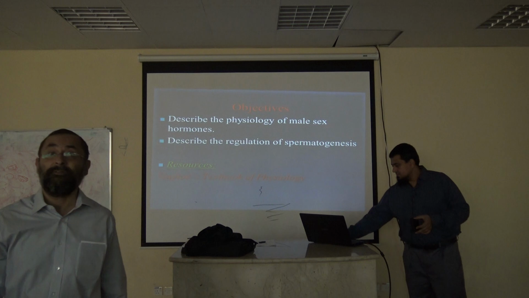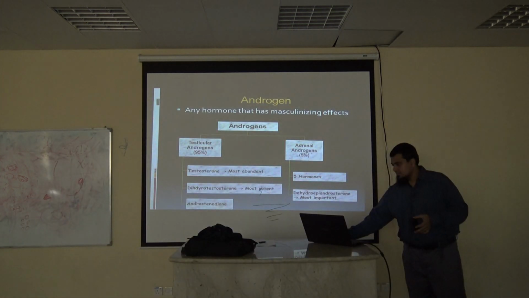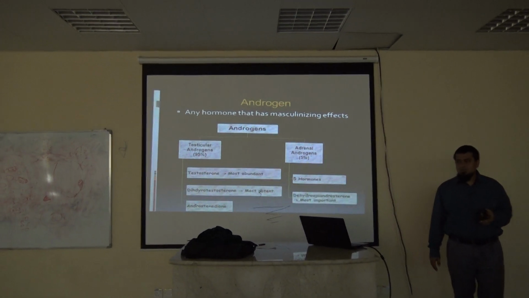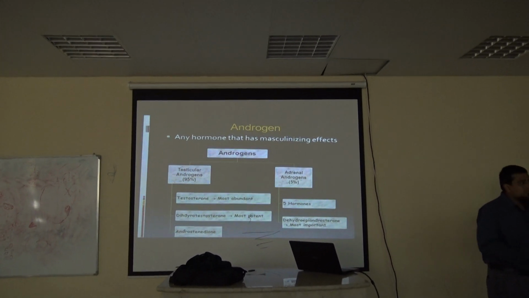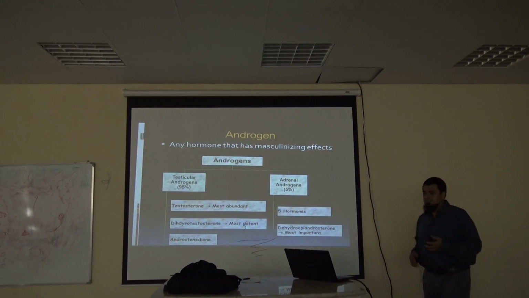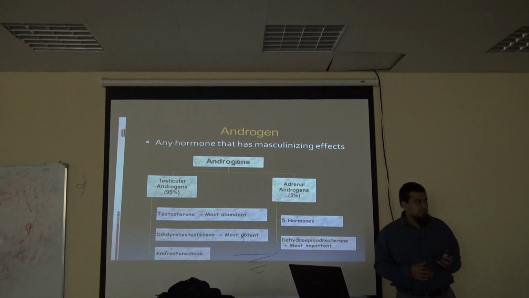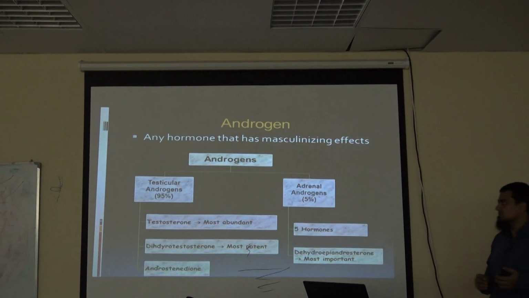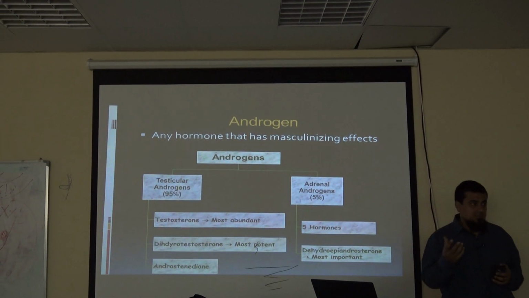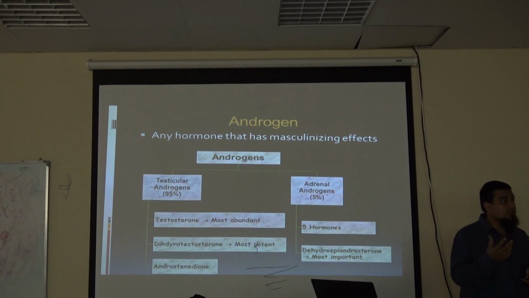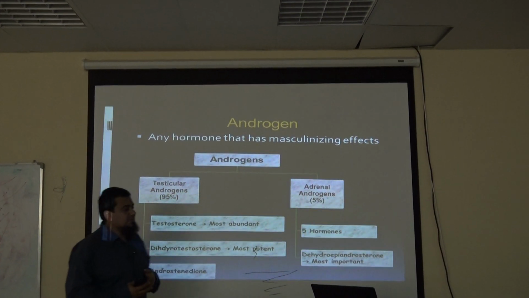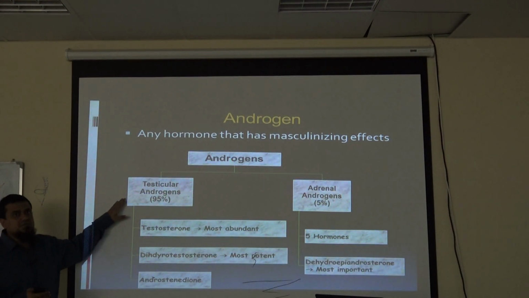Dr. Mustafa will take over for the biochemistry portion, and later we will go to the physiology. All right? So, as Dr. Wajid just mentioned, if we want to classify the androgens, the male hormones, we classify them on the basis of their origin, the tissues from where they originate. About 90 to 95% of the androgens originate from the testes, the testicular androgens.